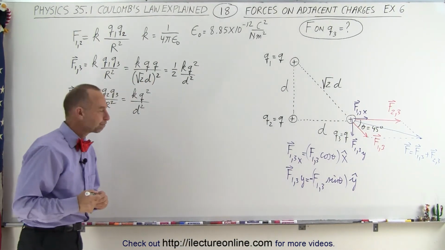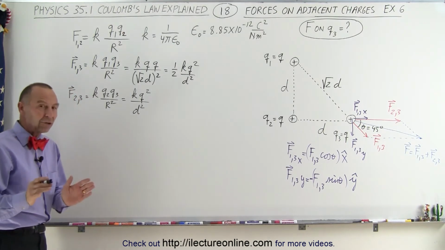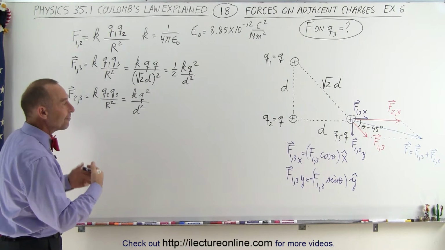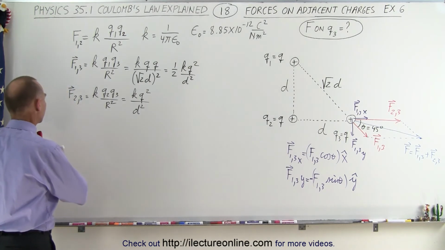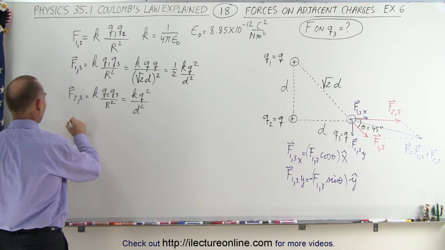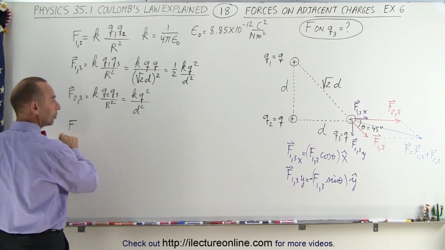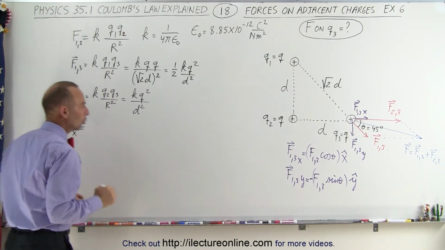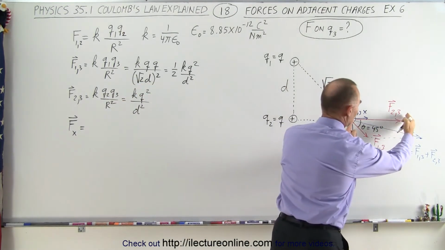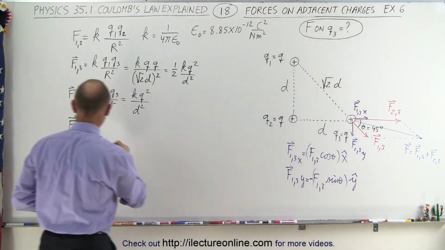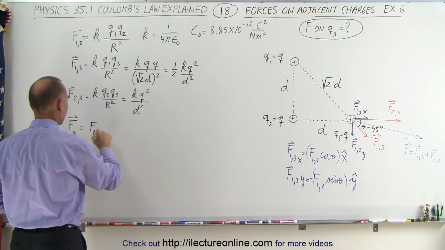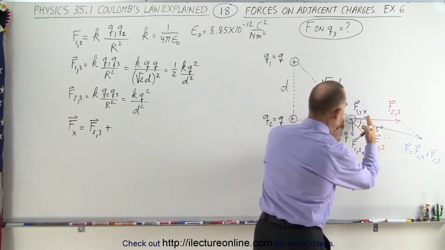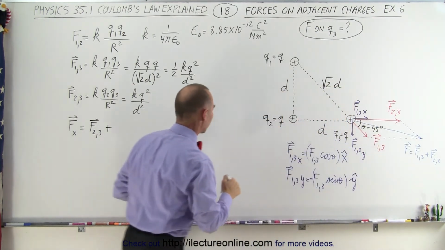Okay, now we're ready to start adding the x and y components together to find the final total force on Q3. So starting with the total force on Q3 in the x direction first, that is equal to F23, because that points in the x direction, plus the component of F13 pointing in the x direction.